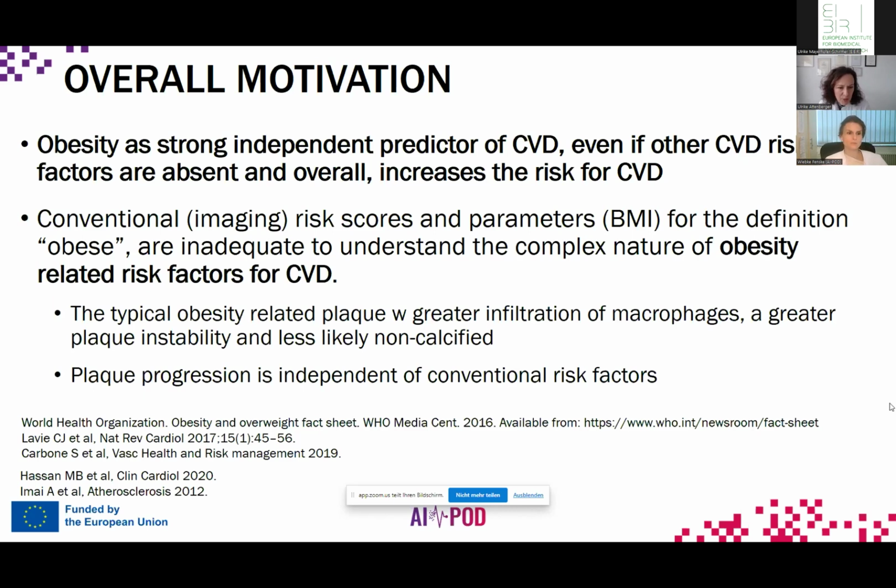From an imaging perspective, we are aware that the typical obesity-related plaque has a different composition. And right now, imaging is not taking into account this complex plaque morphology. And overall, plaque progression is also independent in obese patients from conventional risk factors.